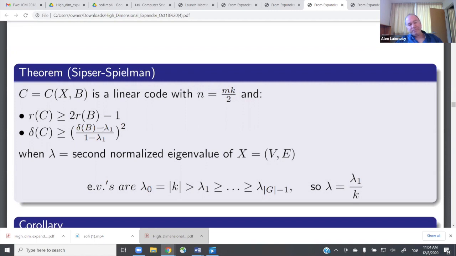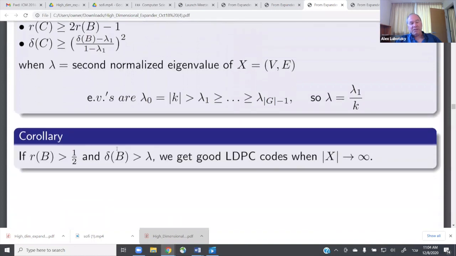Then we get an expander. Anyway, if we choose B good enough, because of the Ramanujan graphs, if you want, lambda 1 can be very, very small, much smaller than K, then there is no problem to find such a B, and then you get an LDPC graph.